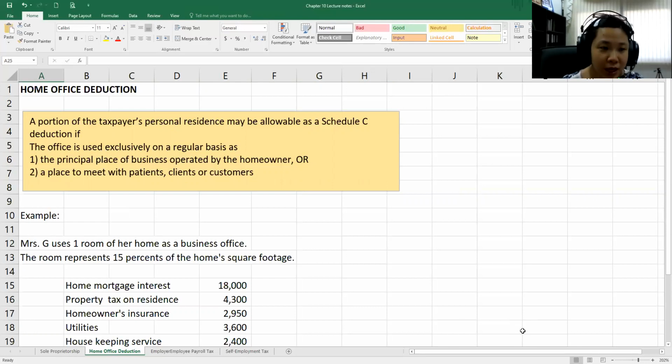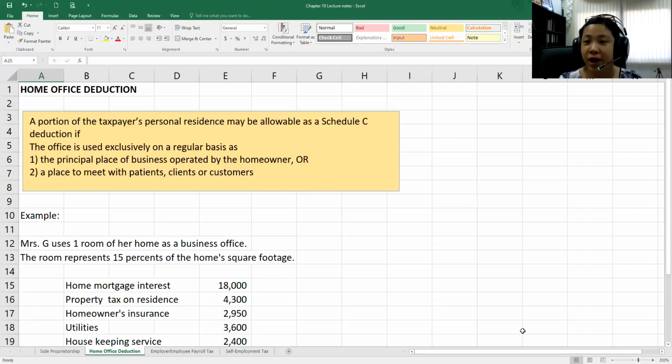For example, here it says a portion of the taxpayer's personal residence may be allowed as a Schedule C deduction if the office is used exclusively on a regular basis as the principal place of business operated by the homeowner, or a place to meet patients, clients, and customers.